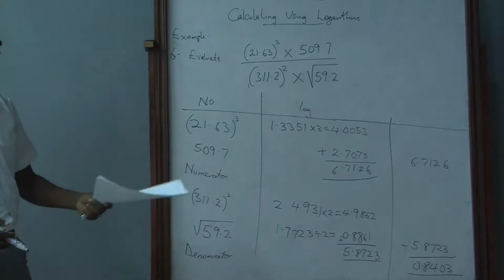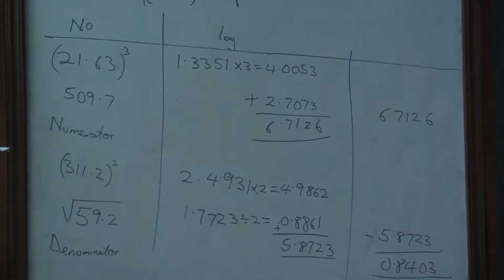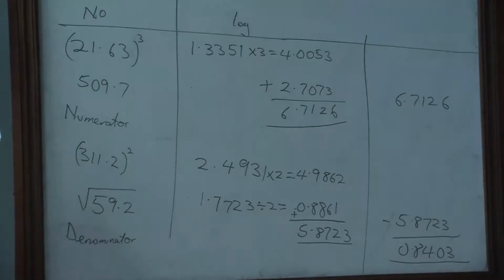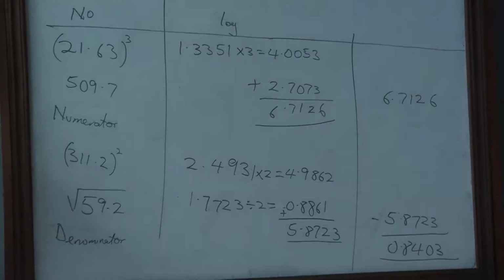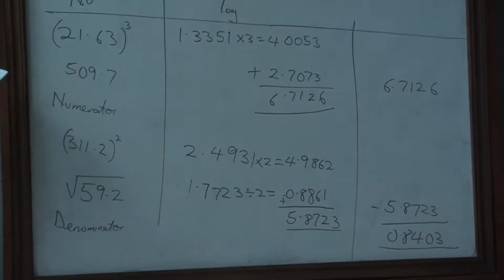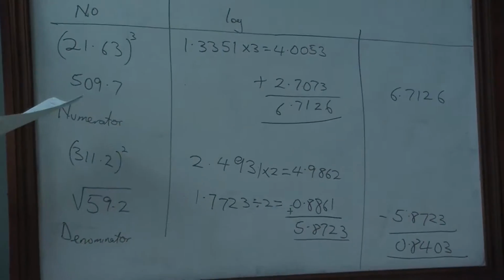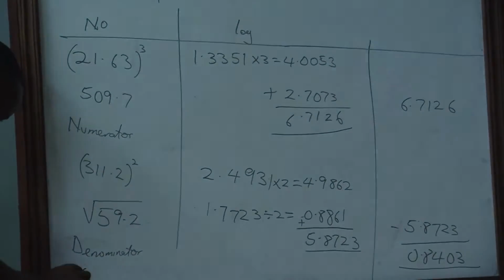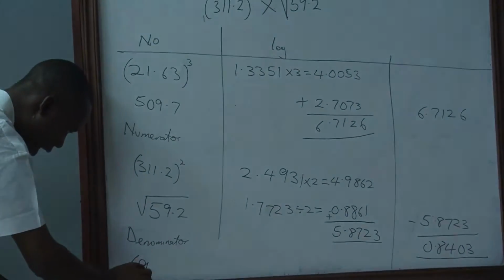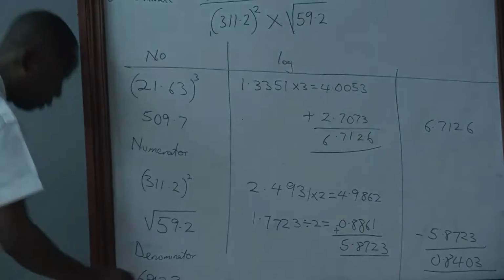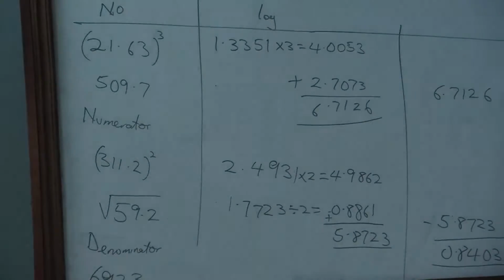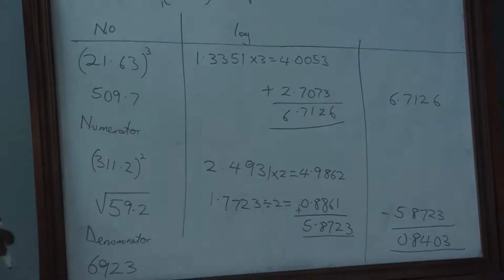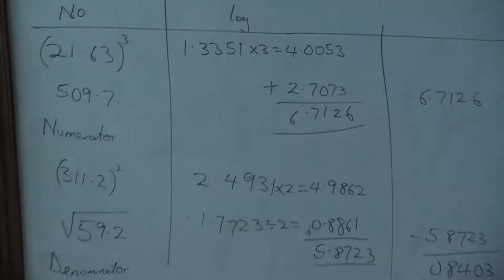But then that value is still in the log form. We need to now find the value that we're going to be having. And we'll be looking for the column where we have 84 under 0 plus difference of 3. The value it is going to give us is 6.6923.